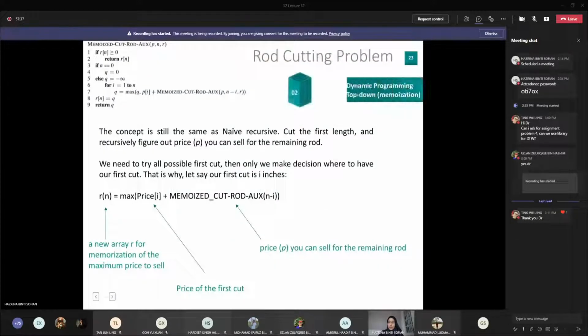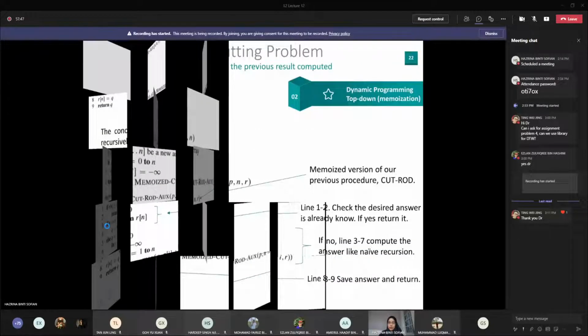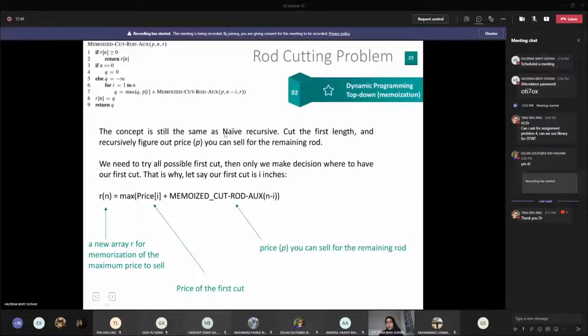Okay, so let me just introduce you to this. The concept is the same as the naive recursive. We cut the first line. Right now, this is R, a new array for memorizing the maximum price to sell.